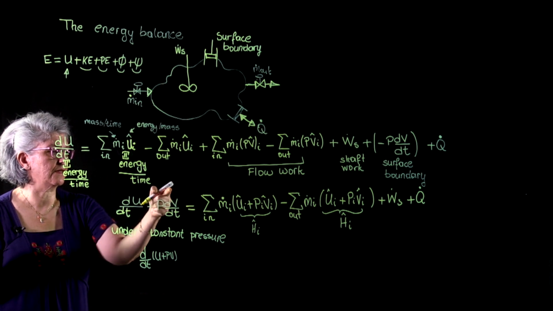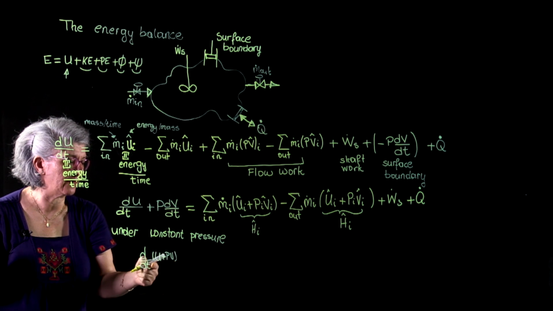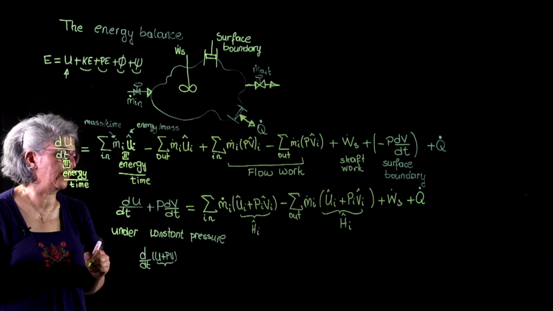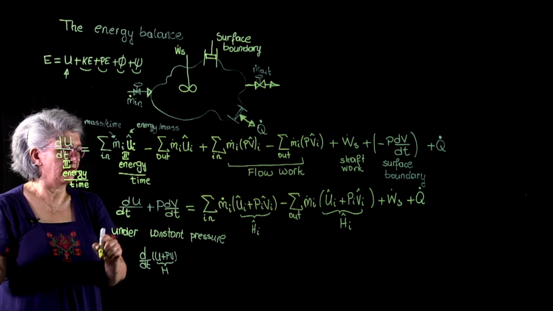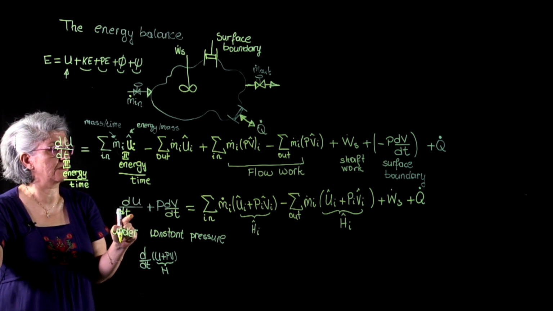Because this is constant, this can enter into the derivative sign. I can collect them in a common parentheses. And remember, I called this H. But I can only do that under constant pressure conditions.